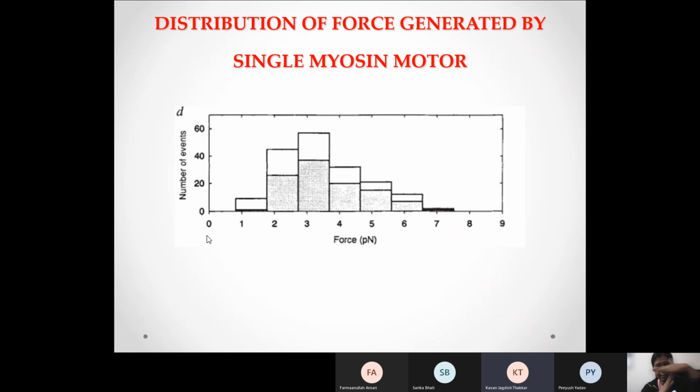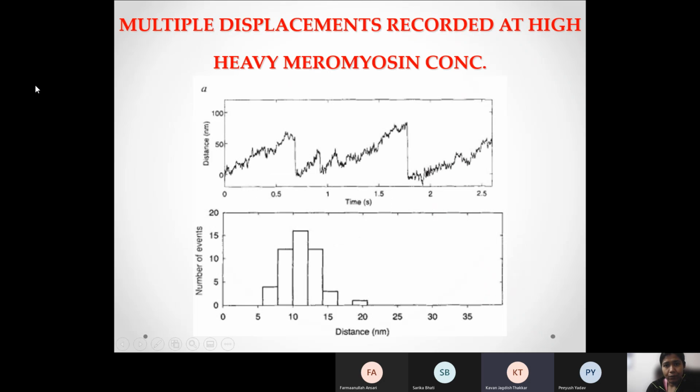So 10 nanometers of sliding, plus another 10 nanometers, so it becomes a cumulative effect, right? That is what you see here. If you have high meromyosin, the step sizes are the same, but a lot of steps are being made. And so you see what is called a cooperative nature of these myosins, that they cooperate together to create a much larger displacement and a larger force.